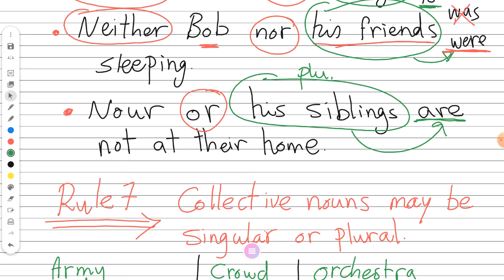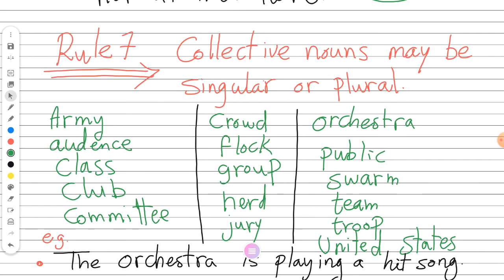Rule number 7. Collective nouns may be singular or plural. What is the meaning of collective nouns? They are nouns that include groups of people. Like the word army. Like audience.